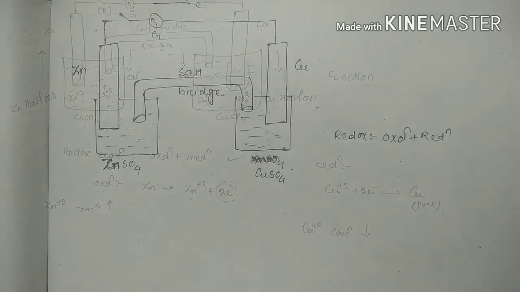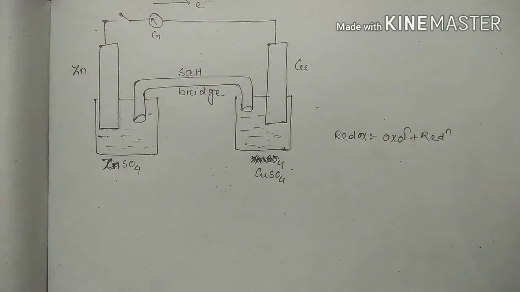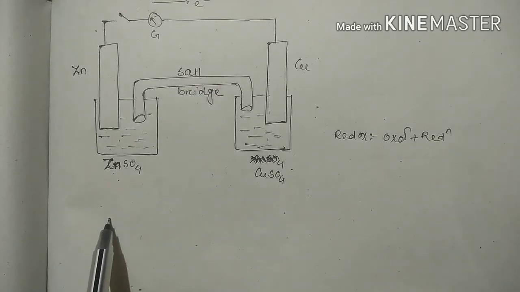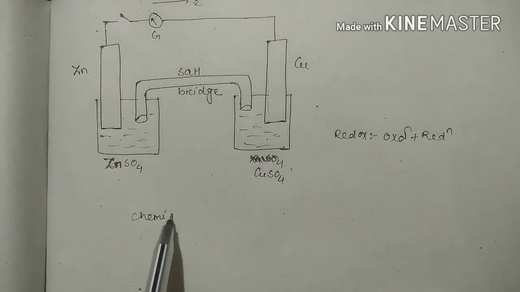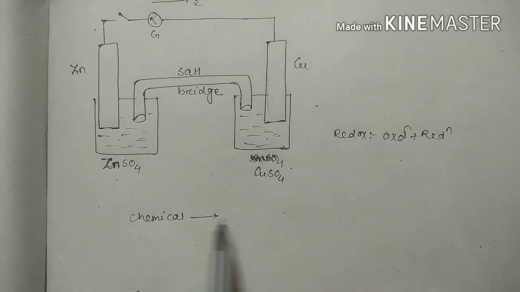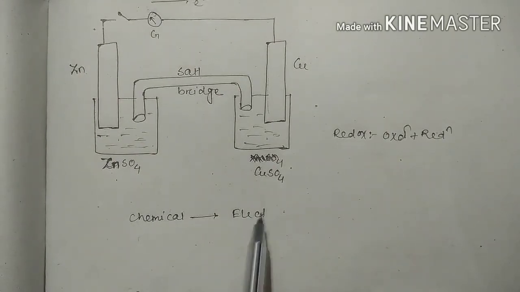Okay? So friends, now we know the function of a galvanic cell. Now we have to know how electricity is produced from this galvanic cell. At first, we learned that this galvanic cell works as a device which converts chemical energy to electrical energy.